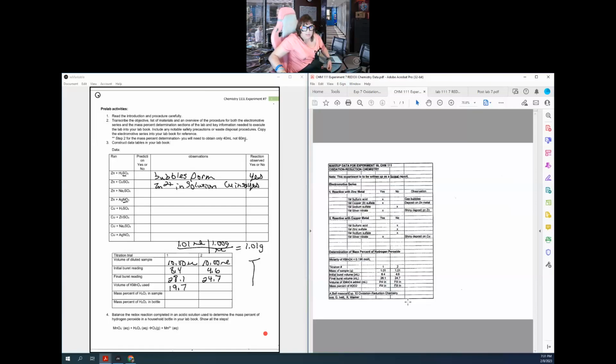Now, we're going to be calculating the mass percent of H2O2. So that's why it says fill in. You'll need to calculate that as we go through. And this is the information that you'll need to be able to do that.